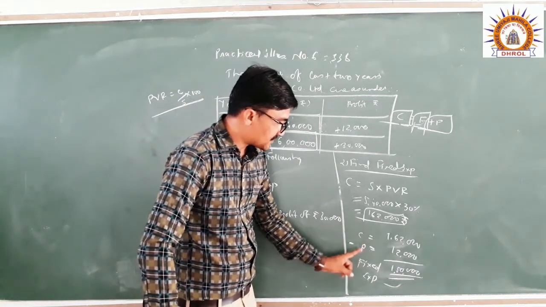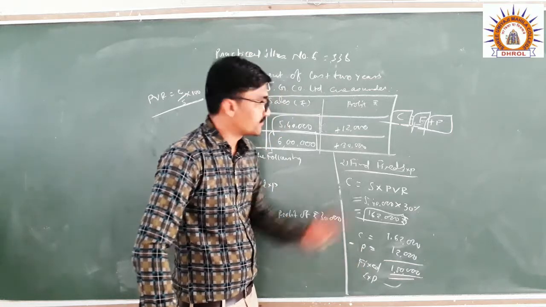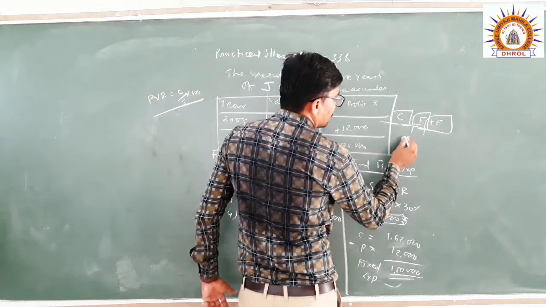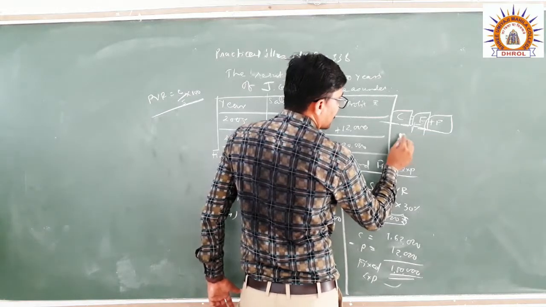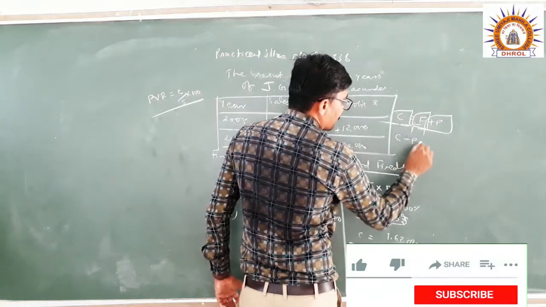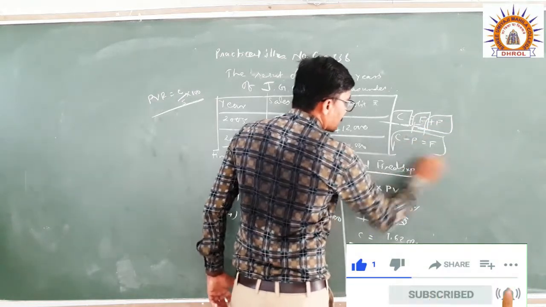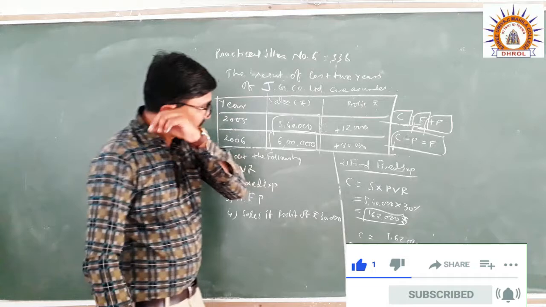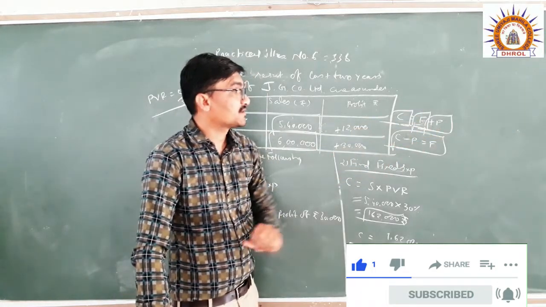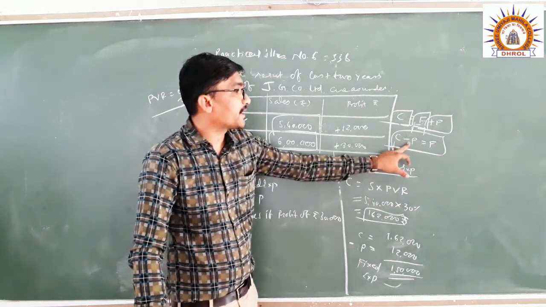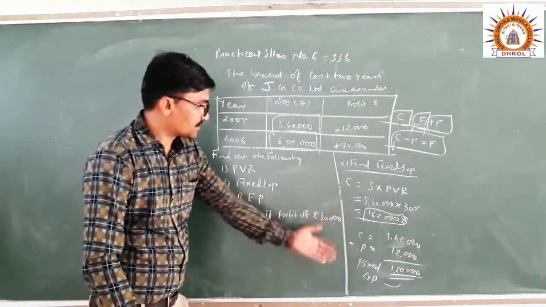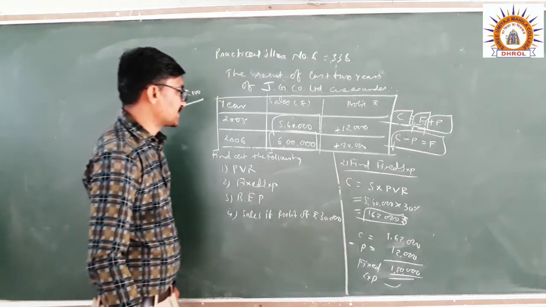Then C minus P is equal to F. Simple, you just transfer P across the equal sign, so P is adjusted with C in negative sign, equal to F. So this is the fixed expense calculation.